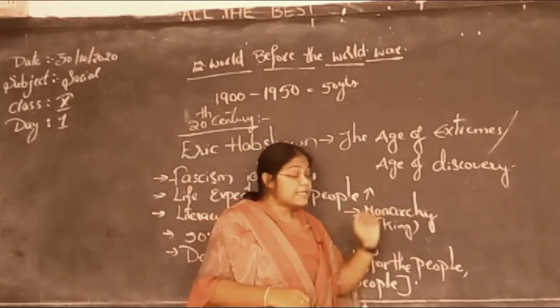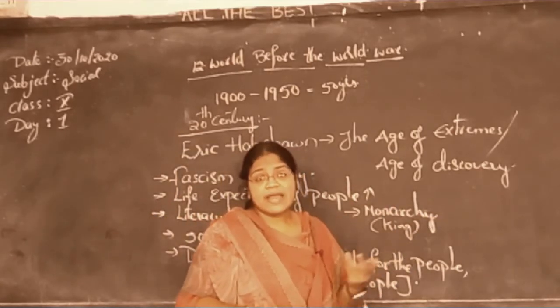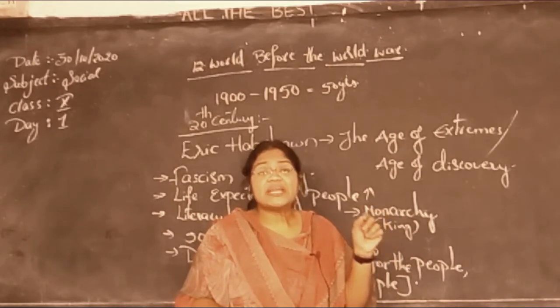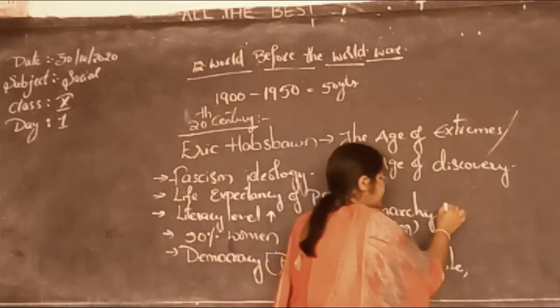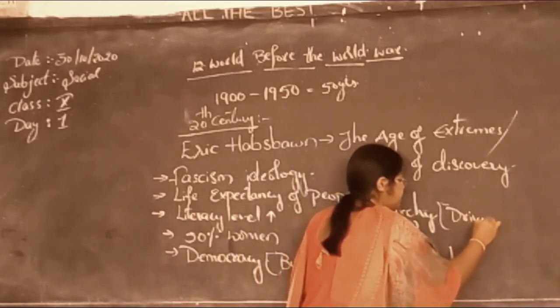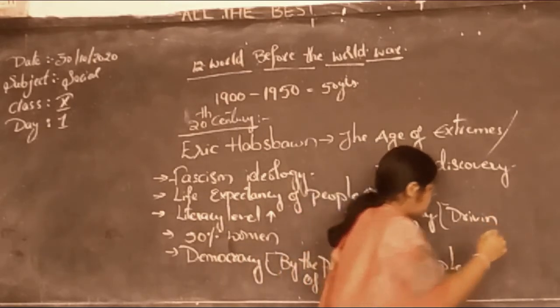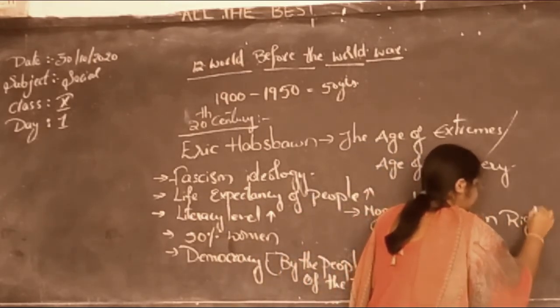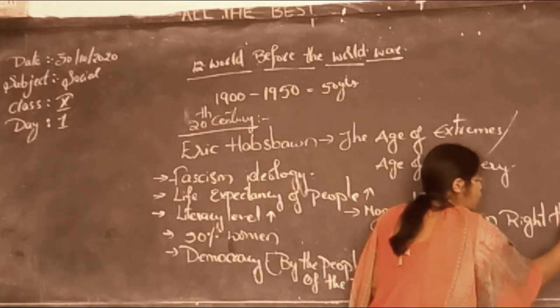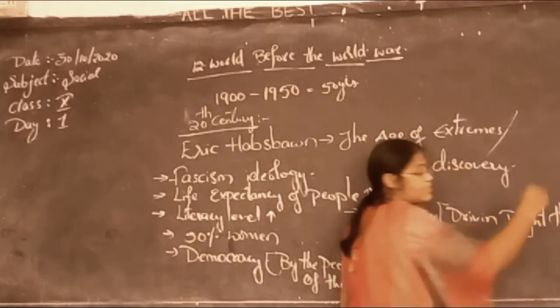There is a theory for the monarchy government, that is the divine right theory. What is the meaning of this divine right theory?